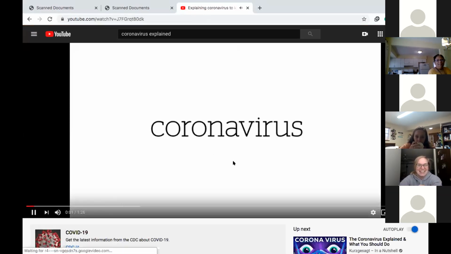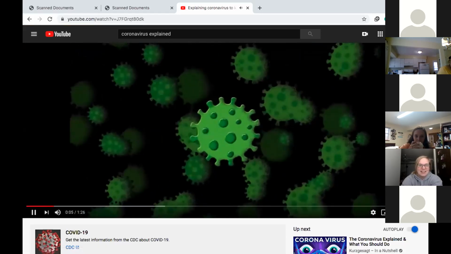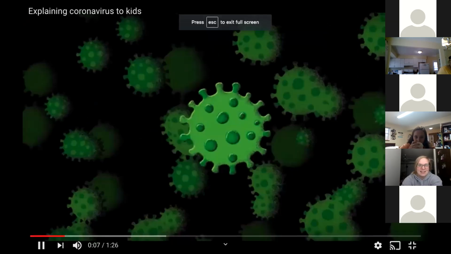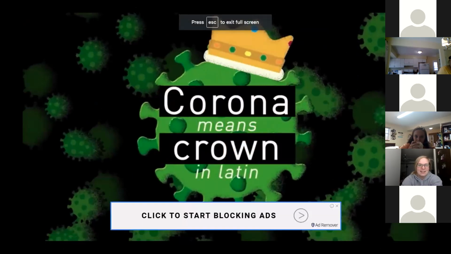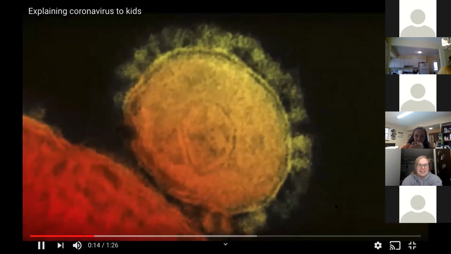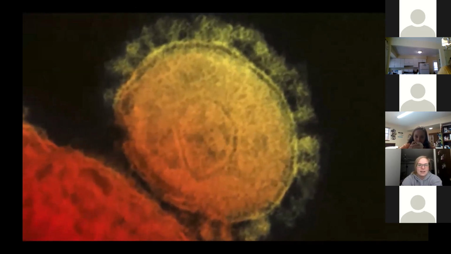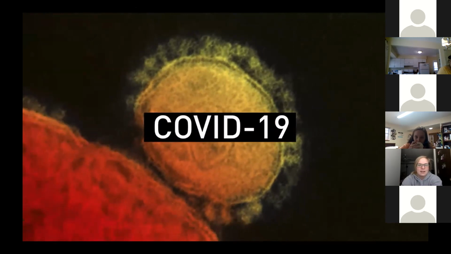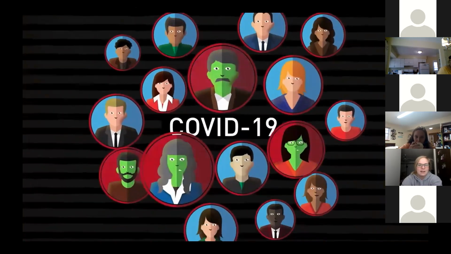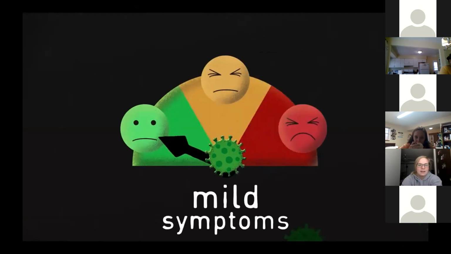Probably heard about coronavirus. Tiny little germs way smaller than anything you can see. It's infecting a lot of people right now. Corona means crown in a super old language called Latin. When you look at it really close, like under a microscope, you can see little spikes with blobs that look like crowns. It causes a disease called COVID-19. That has made some people sick, which can be scary. But there are some things to know. Many people who get it have mild symptoms.